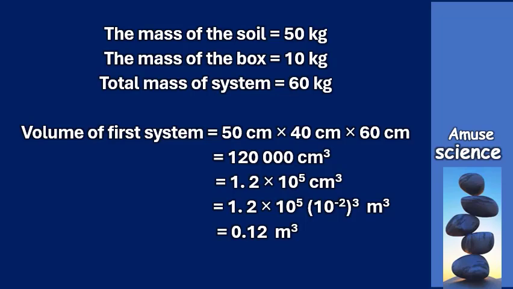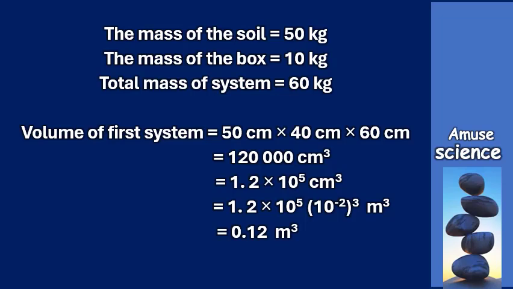So we are going to get 1.2 times 10 exponent 5 times 10 exponent minus 2 all to the power 3, because the centi is a value, that's the c, and it is 10 exponent minus 2. And because we are dealing with volume, we are dealing with cube, we have to cube the value. And so when we do the computations, we are going to get 0.12 cubic meters. So this is the volume of the first system.